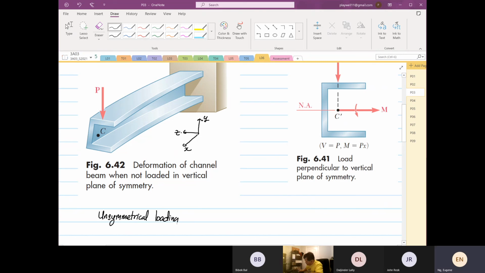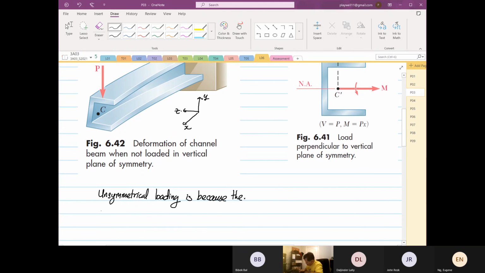We call it unsymmetrical loading because the deformation is along the XY plane and a rotation, or twist, about the X axis, right?